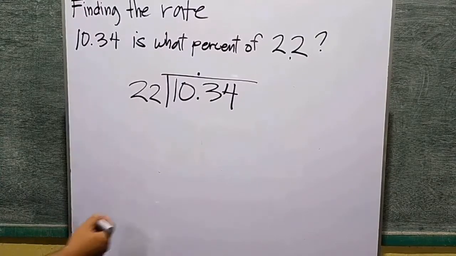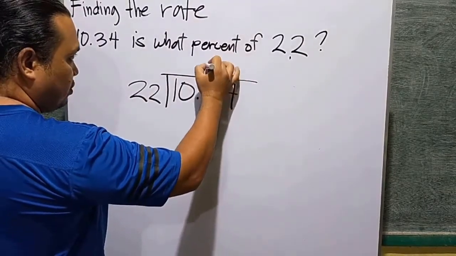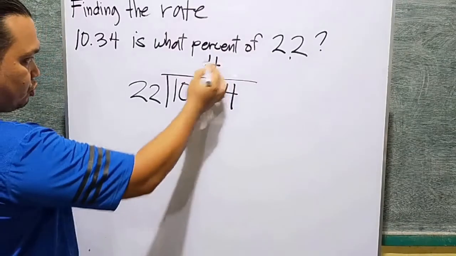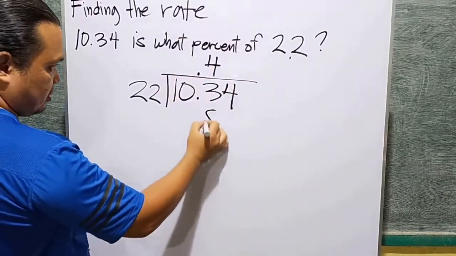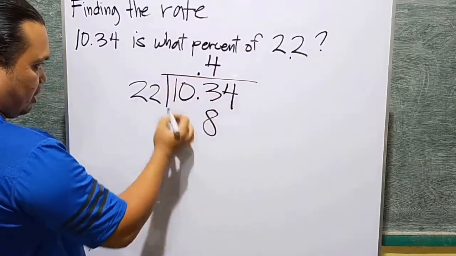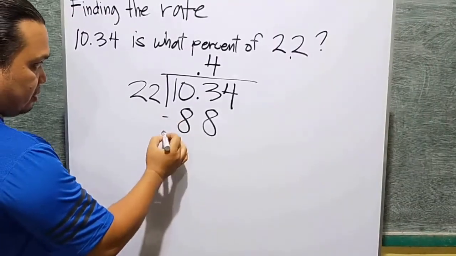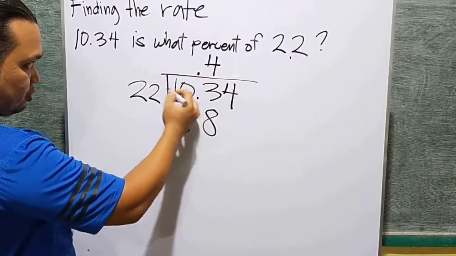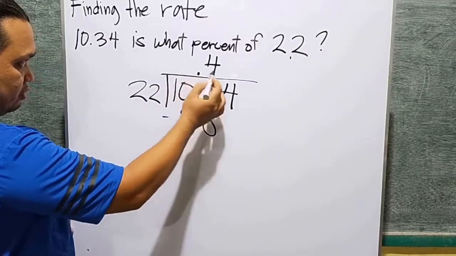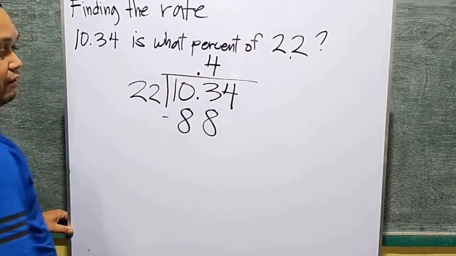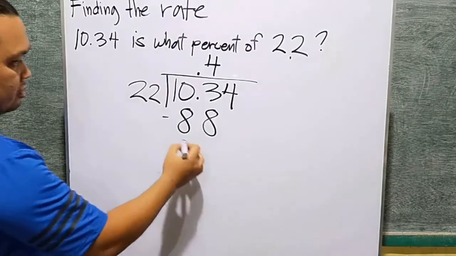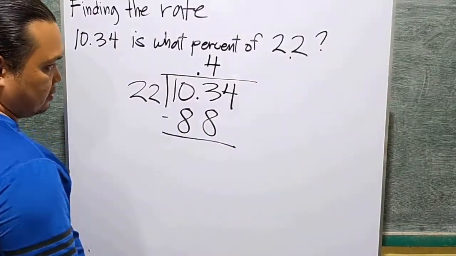Now let's try 4. 4 times 2 is 8, and 4 times 2 is 8. So we have 8. We're going to use 5. 5 times 2 is 10, plus 2 is 11. So it's more than 103. So we're going to use 4.